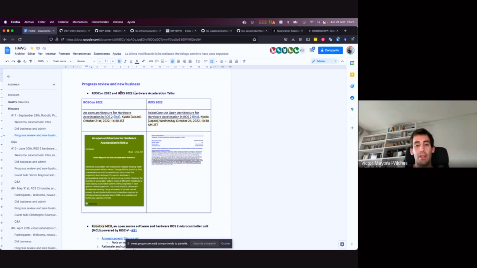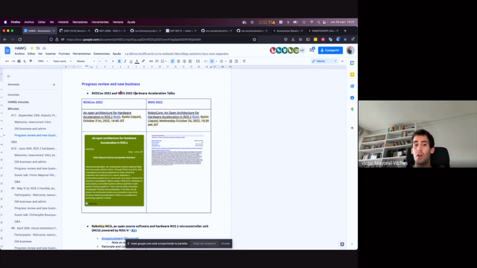So we've been invited to a number of workshops and conferences, which we will consider participating in. But immediately what you should be paying attention to are these two events, which are happening in the following few weeks. If you have the chance to fly to Kyoto, Japan, or if you will be around, I encourage you to participate in ROSCon and IROS, especially in ROSCon.